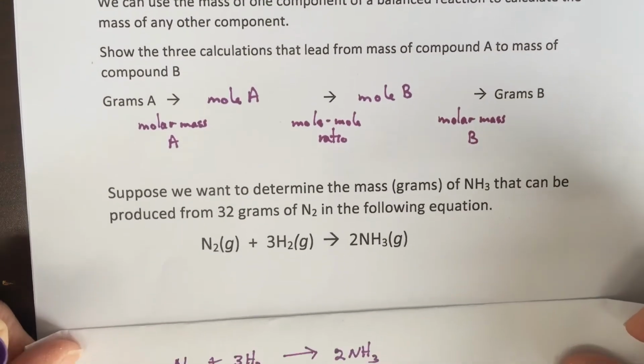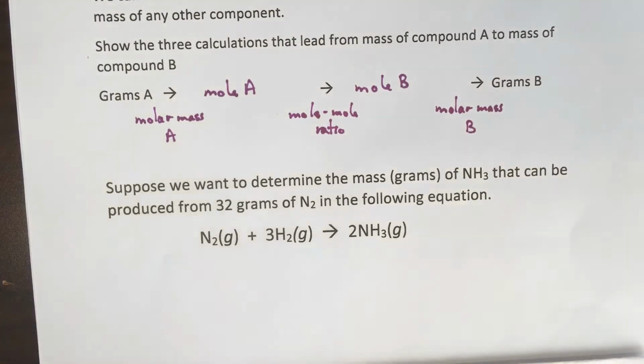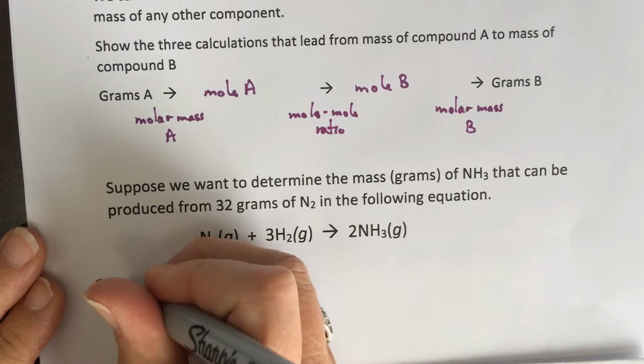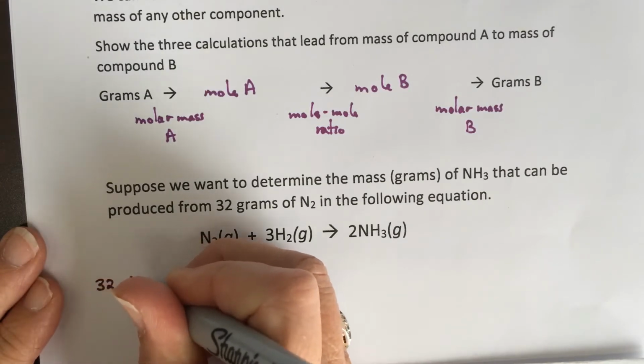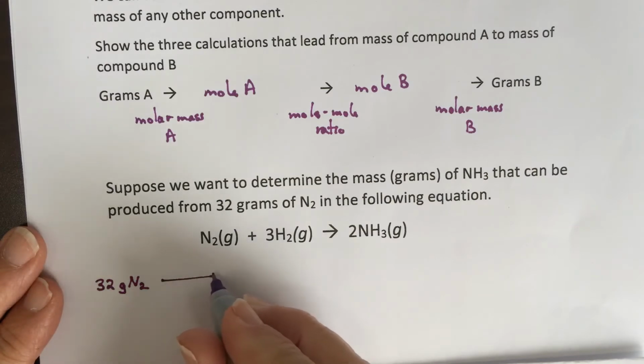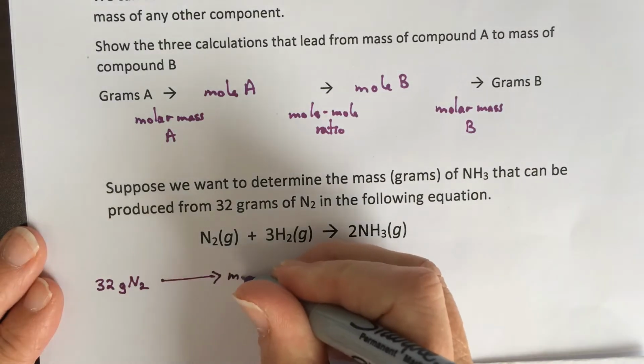Suppose we want to determine the mass, that's grams, of ammonia that can be produced from 32 grams of nitrogen in the following equation. So what we're going to have to do is start with our 32 grams of nitrogen. We have to convert our grams of nitrogen into moles of nitrogen.